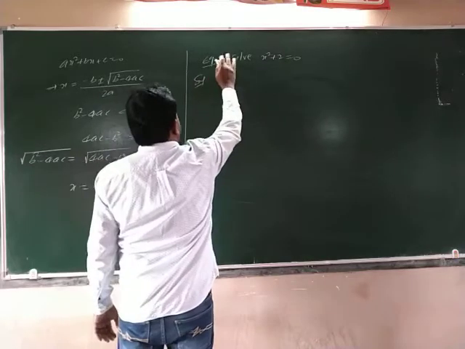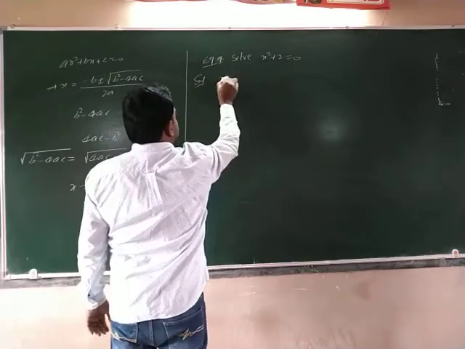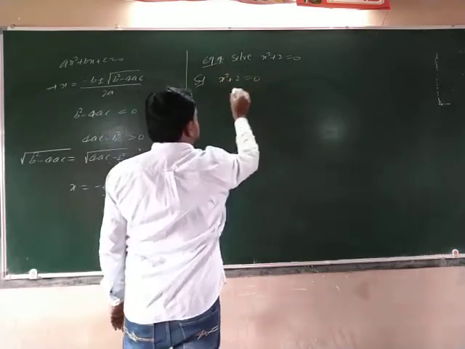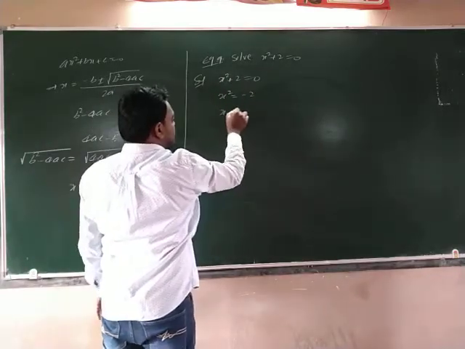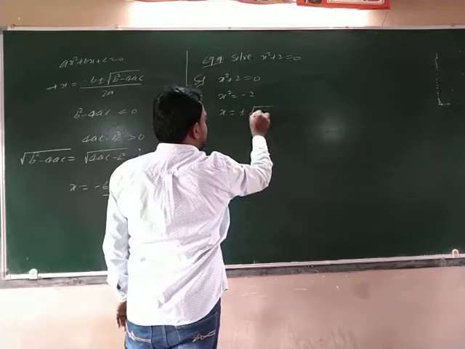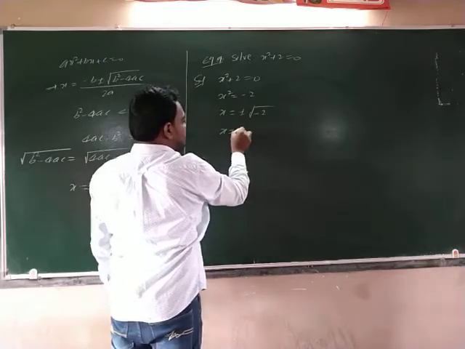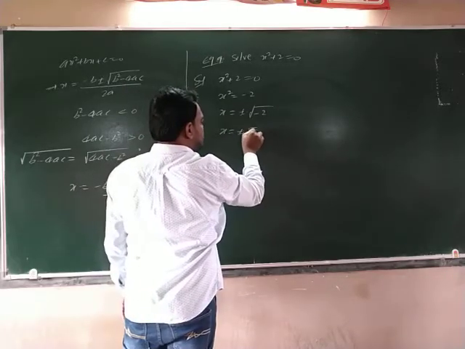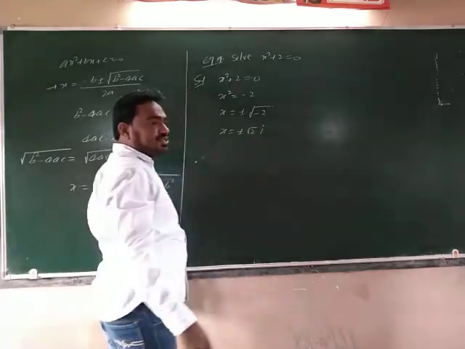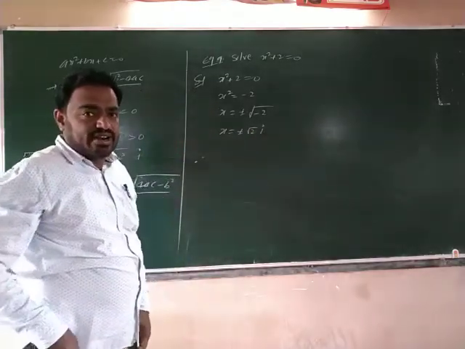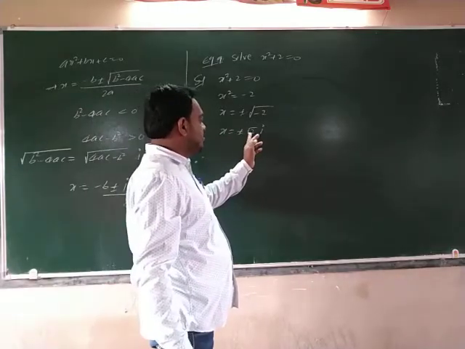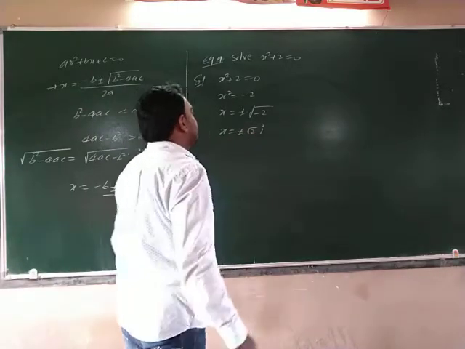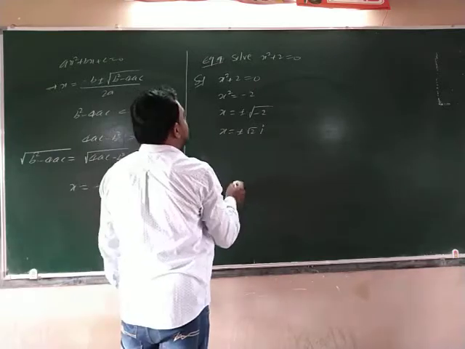Solution: x² = −2, so x = ± √(−2), which is x = ± √2 i. The square root of a complex number we already studied. So these are the solutions.